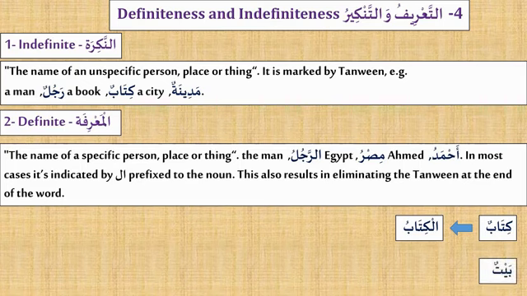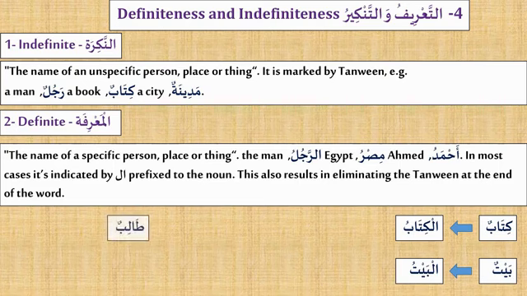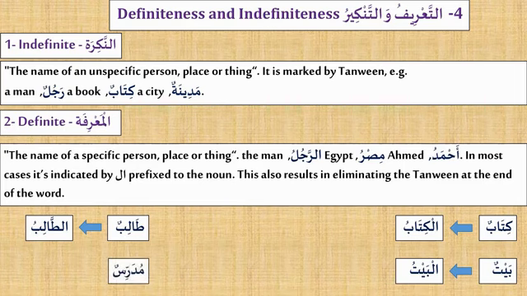Second example, baytun, a house. Al-baytu, the house. Talibun, student. At-talibu, the student. And last example, mudarrisun, a teacher. Al-mudarrisu, the teacher.